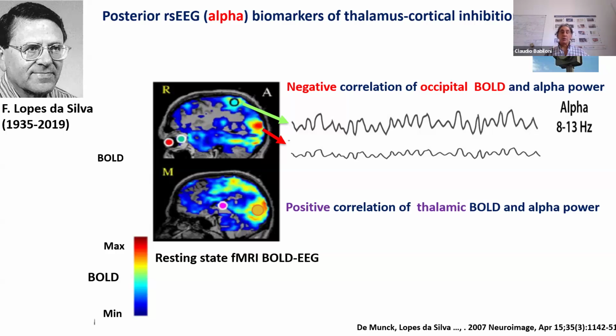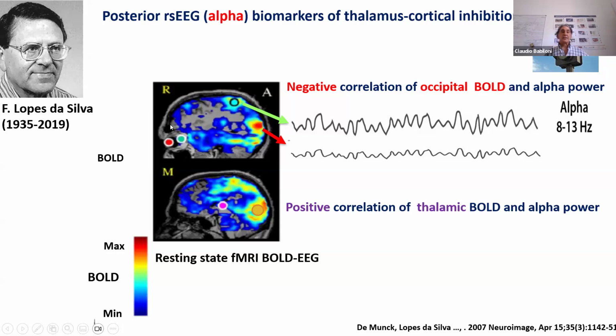This ratio is represented in the bold signal recorded during functional magnetic resonance imaging scanning.